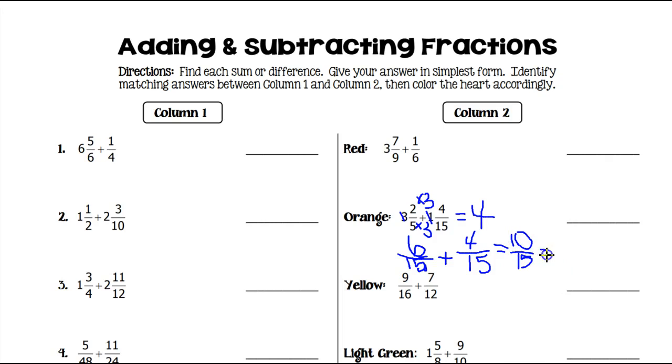I'm not quite done because I need to reduce or simplify 10 fifteenths. So I need to think, is there a number that can go into both 10 and 15? Well, I should know that 5 can go into both 10 and 15. So if I divide by 5 on the top, I have to divide by 5 on the bottom, because what you do to the top, you have to do to the bottom.